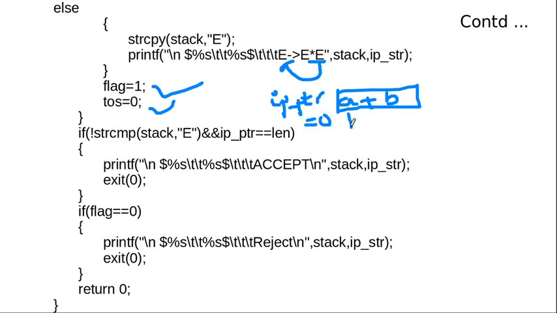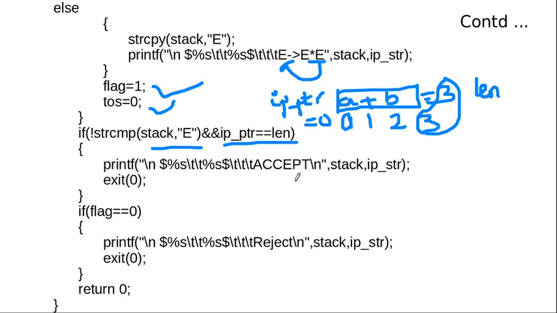When it matches, it increments: initially 0, then 1, then 2, and when it matches again it becomes 3. What is your string length? A plus B has string length 3. Now observe, our input pointer value is 3 and our string length, given by the variable LEN, is also 3. So that's why I am verifying: if these two are the same and my stack consists of only E, automatically my string is accepted.